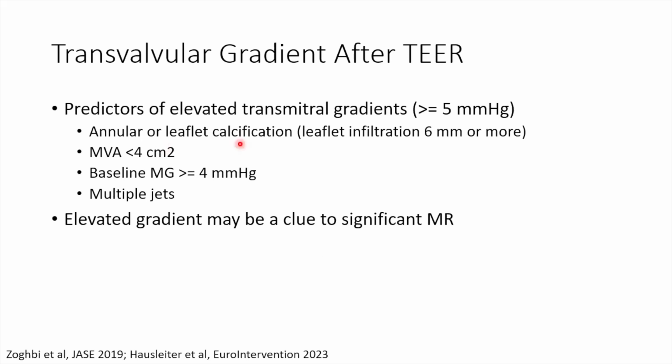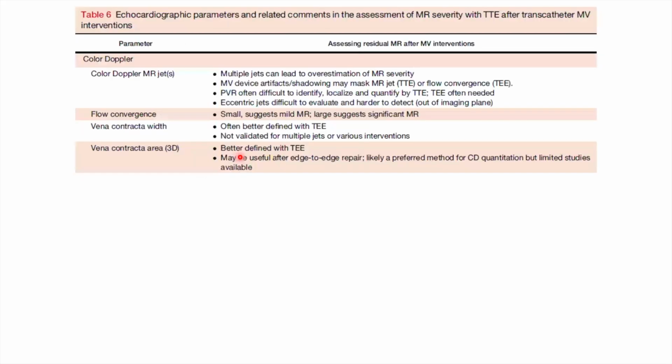What can predict that is having any annular or leaflet calcification, baseline mitral valve area of less than 4 centimeters squared, baseline mean gradient of greater than or equal to 4 millimeters of mercury, or having multiple jets at baseline, which I assume is because they may need multiple clips, for example, to correct that. Elevated gradients can also be another suggestion that there may be significant mitral regurgitation as well. So that's one thing to remember as we're looking at these patients.